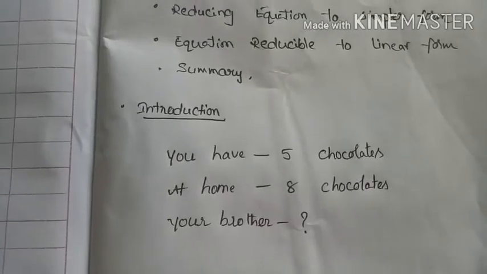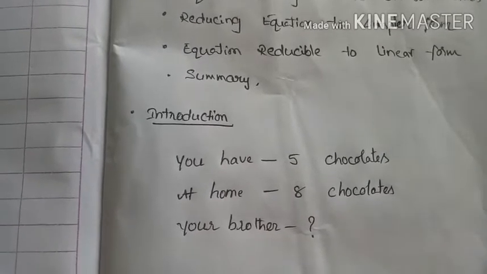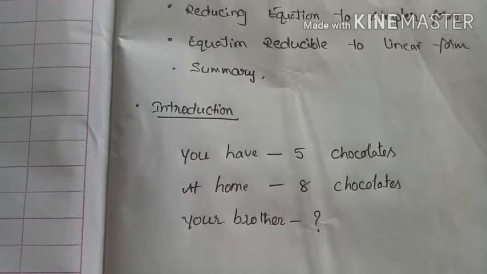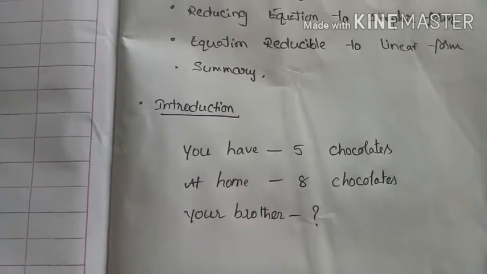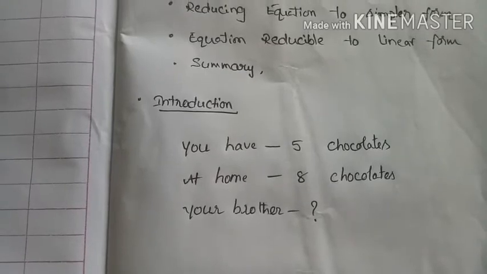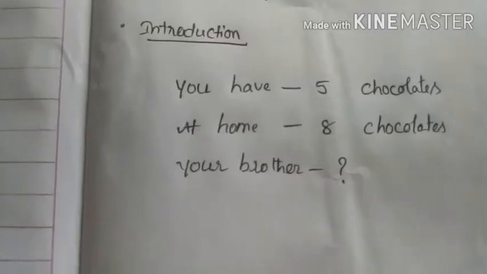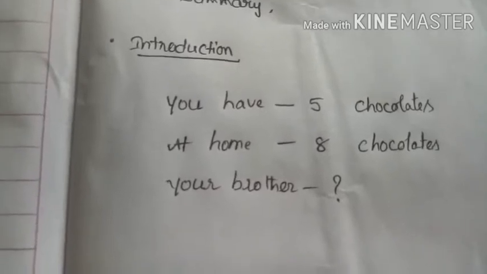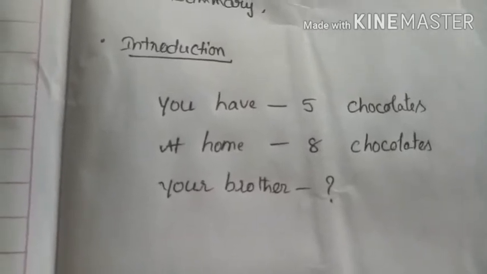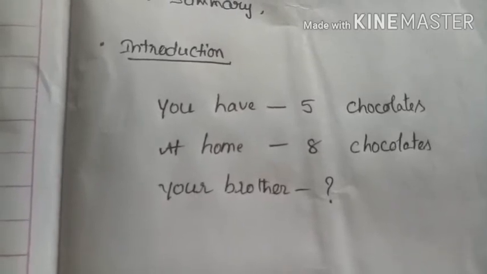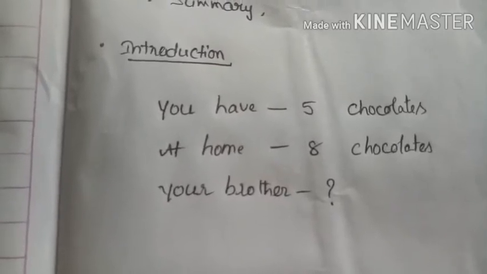I will give one example to you. You have 5 chocolates with you and you know that there are 8 chocolates at home. The remaining chocolates are with your brother. If I ask you how many chocolates your brother has, this question is very simple. Can you tell me, is there any proper method by which you can prove how many chocolates your brother has?